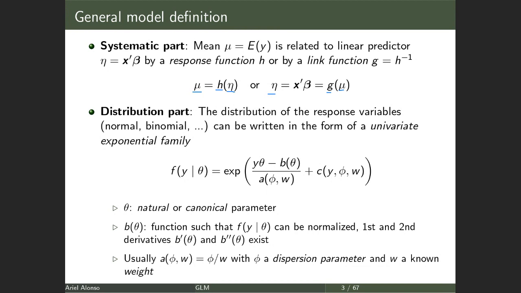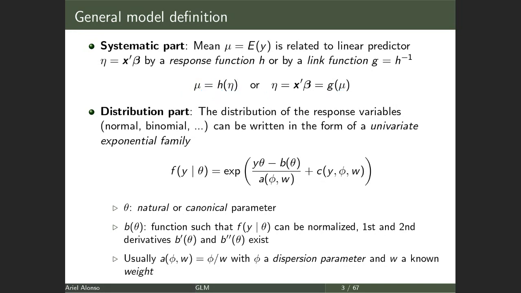The only thing you need to take into account is that when you use a response function, or equivalently a link function, you need to make sure that you get valid values for the mean. Because, for instance, if we are dealing with binary outcomes, then we know that the mean is a probability. So you need to make sure that this side produces valid values of a probability. It needs to be between 0 and 1.